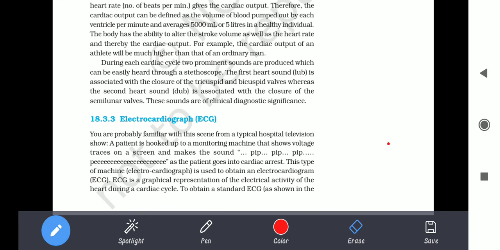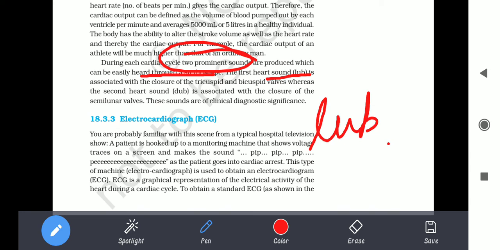Next it is saying that during the cardiac cycle we have two prominent sounds produced by our heart, which are very important and which we can hear through the stethoscope. The first sound produced is called lub, L-U-B, and the second sound produced is dub, D-U-B.